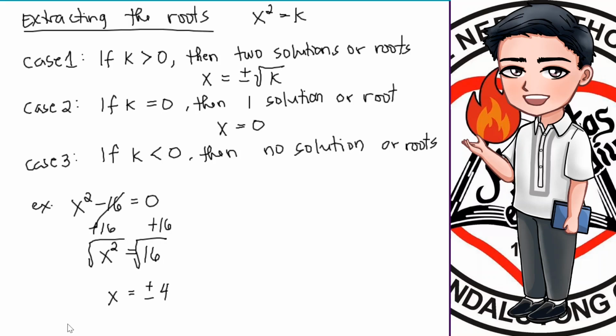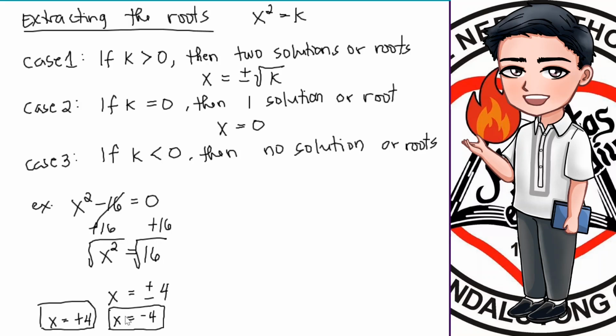Therefore, our solution set for our roots is x is equal to positive 4 and x is equal to negative 4. These are the solutions or the roots of our equation x squared minus 16 equals 0.